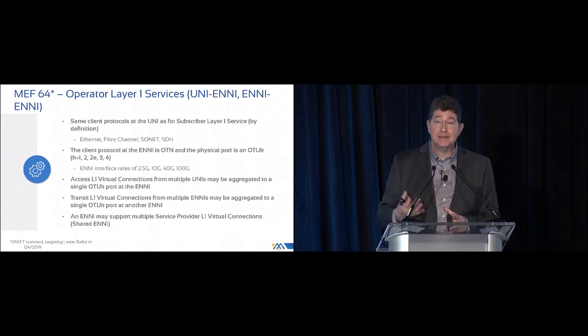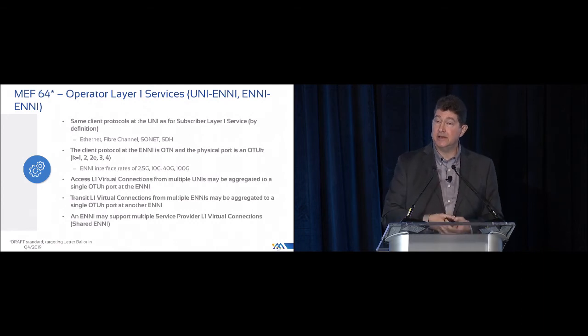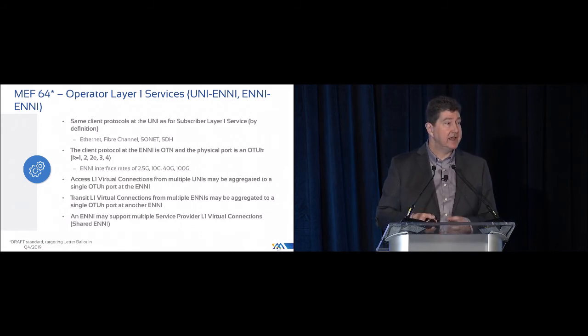And then within a transit network, you could do the same thing. You could combine multiple transit L1 VCs from different ENNIs to a single port at another ENNI for handoff across it. And any given ENNI could be supporting operator services which are from different end service providers. So we refer to that as a shared ENNI.